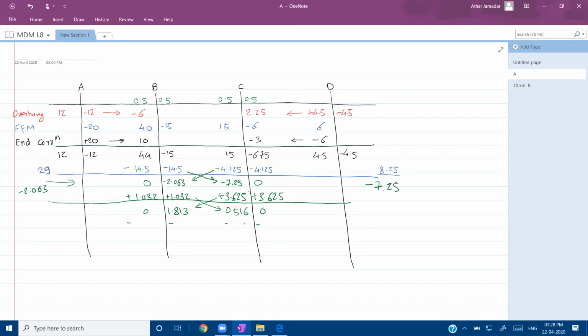In each step I will not write down the unbalanced moment here again, because 0 plus 1.813, so 1.813 itself is going to be the unbalanced moment.